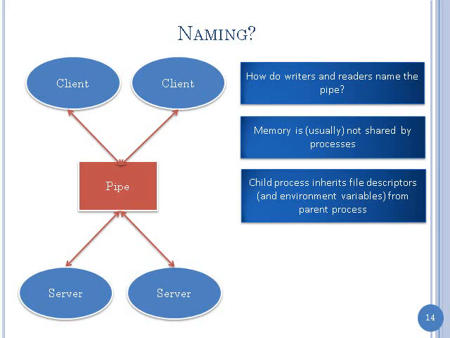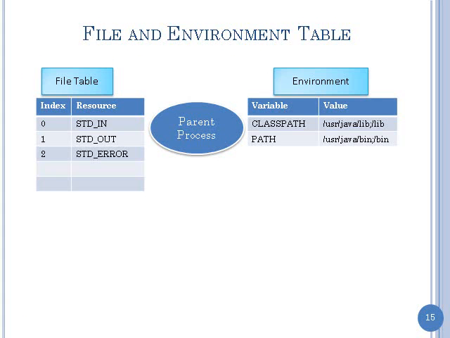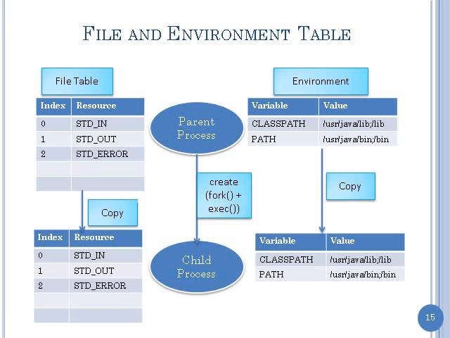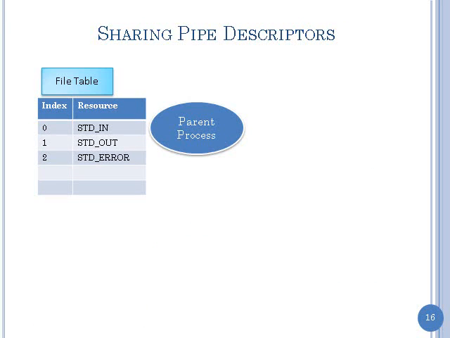And it's a much more scarce resource. And here we have, typically 0 is the standard in, 1 standard out, 2 standard error, and in here, this is your environment, class path, so forth, that's in your address space. Okay, and when you do child create this, you get a copy of both the environment and the file table. That's the principle being used here.